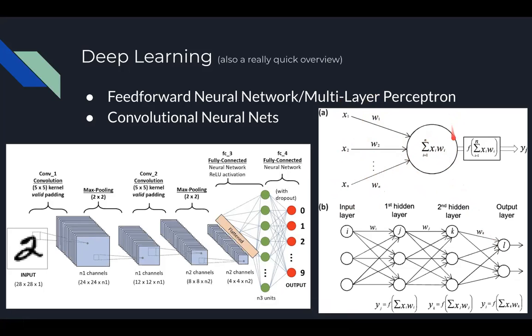Then we add in a bias term. I'm not sure why it doesn't show that here, but we add in another term that we also learn. So all these weights and that bias are going to be parameters. Then we pass that through an activation function, which introduces a nonlinearity so that we can actually learn a nonlinear decision boundary. And then we output some prediction. This is basically a neuron or a perceptron.